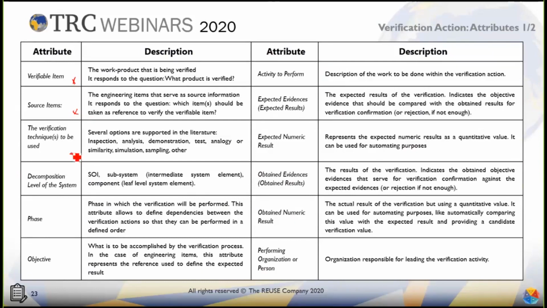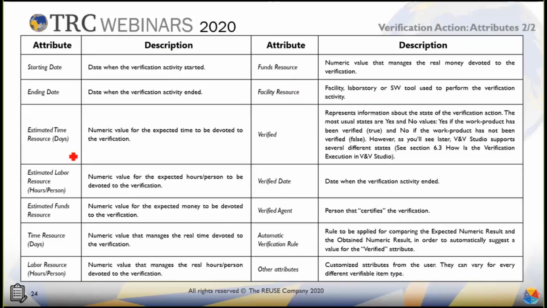And then, of course, you can have decomposition, phase strategy, objective evidences of all sorts, resources of all sorts to describe how the verification process is going, dates, and metadata about it, and many other aspects, eventually those that I'm not considering and that for you are very important.